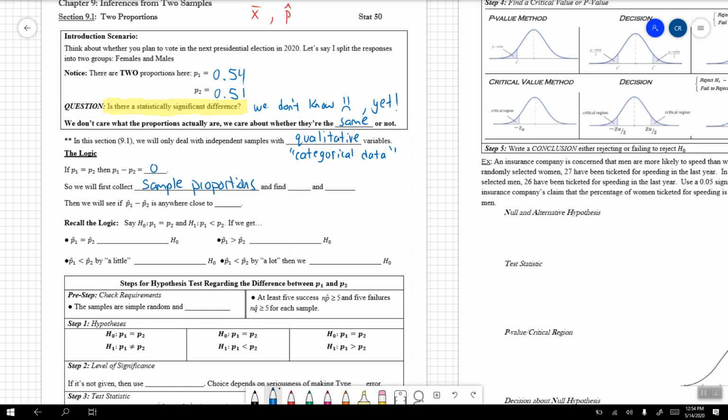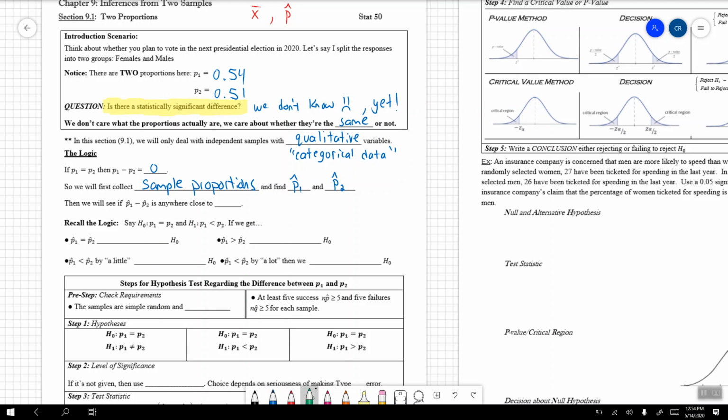We're going to have to find the proportions for each of those samples. In other words, we want p hat 1 and we want p hat 2. Again, these are just sample proportions.